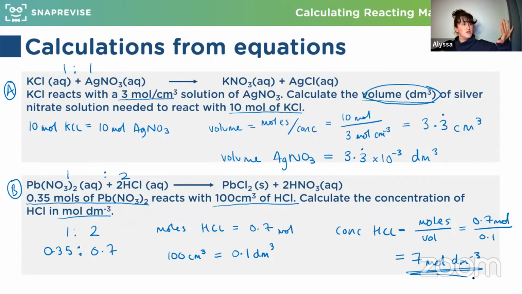If I wanted to react exact amounts, this is how I would do it, using the balanced equation. And then I also have in my head, this is what I've got at the moment. In this experiment that I'm doing, these are my amounts. So the reacting ratios are really useful for working out what can react with what.